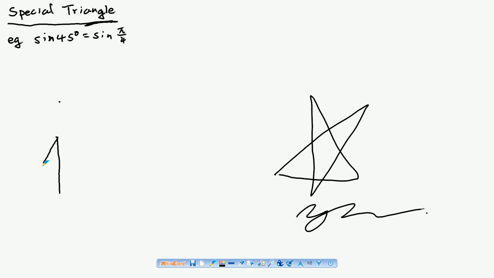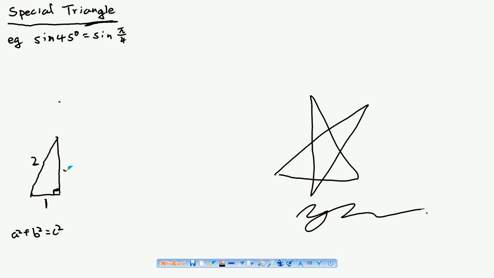We draw a right angle triangle like this, and the base is 1 and the hypotenuse is 2. Use our Pythagoras theorem, where a squared plus b squared equals c squared.